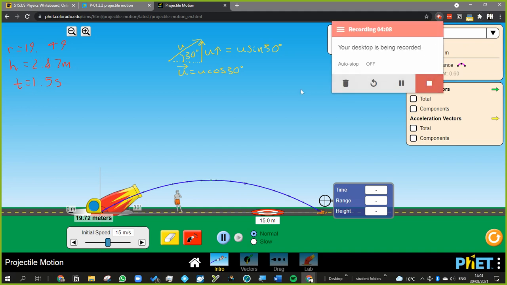So in other words, if I was hovering above this experiment and I watched this cannonball fly over here and land on the ground, I wouldn't be able to see the height that it's gaining.